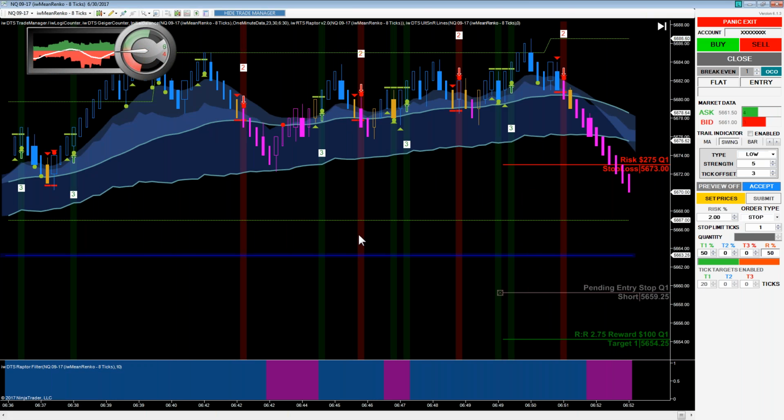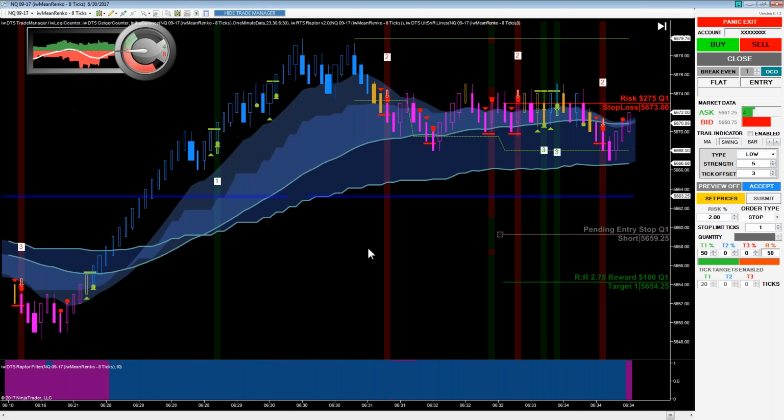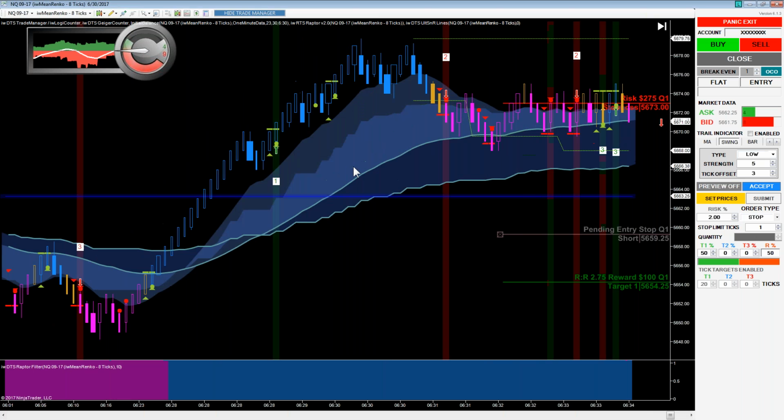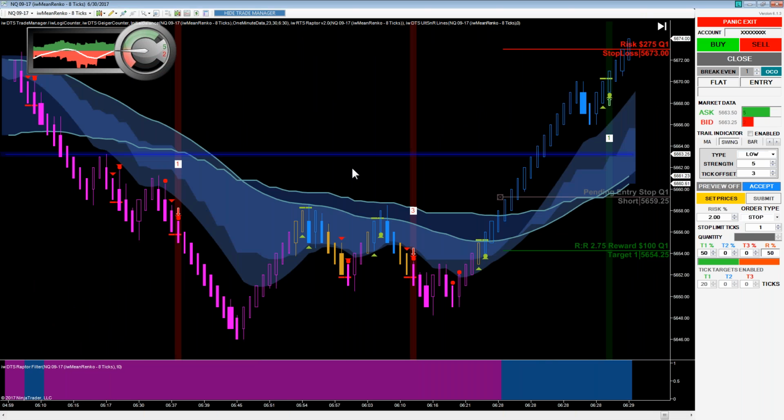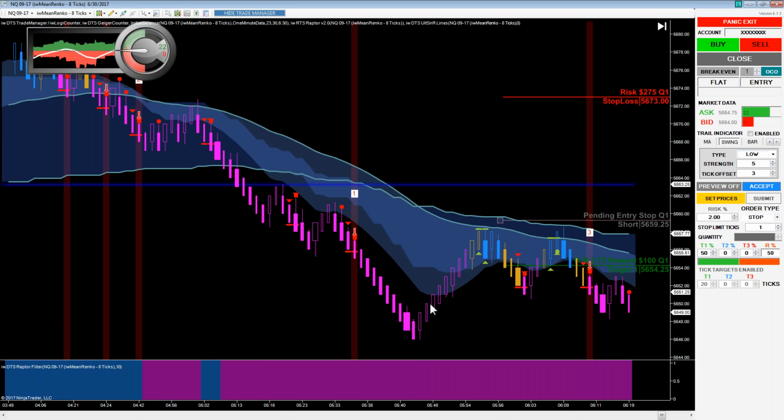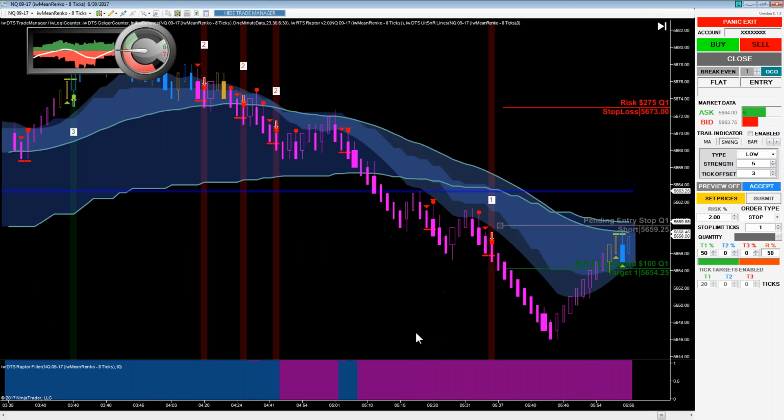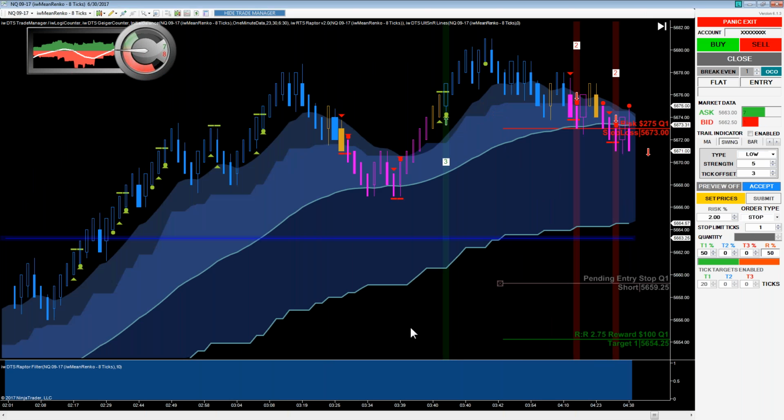Now, when the cloud becomes very wide, that shows you an overbought market. And of course, if it gets very wide to the short side, it's an oversold market. This, by the way, not very wide. This, much wider. In fact, one of the room owners, one of the Raptor owners, used to track the width of the cloud.